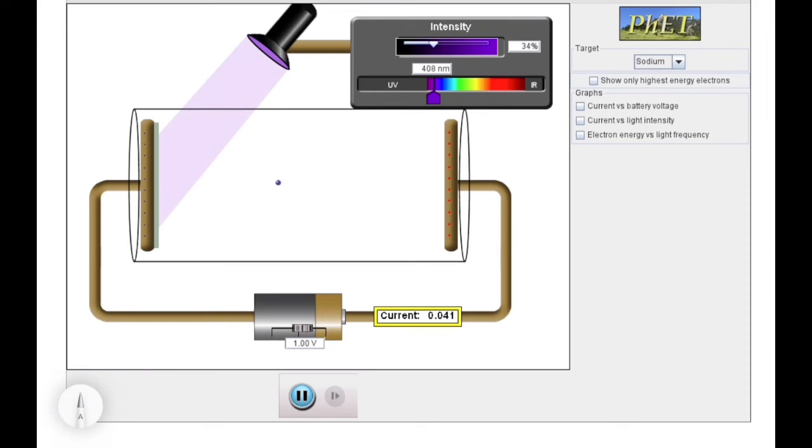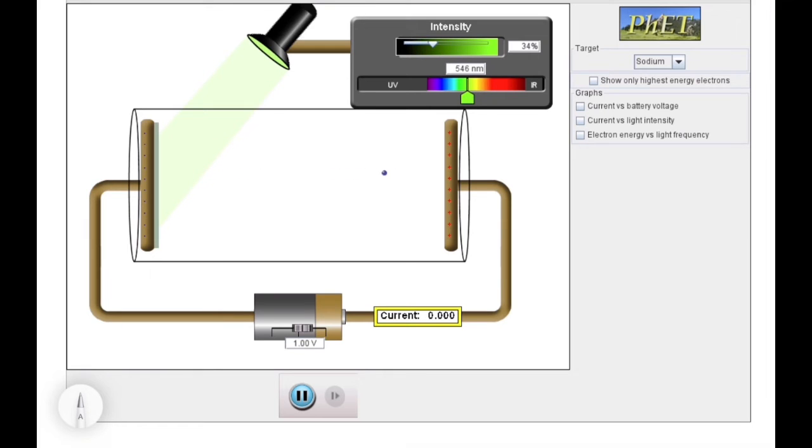If we increase the intensity, the number of electrons ejected becomes higher. Okay. If we change the frequency to a certain level, for example, if we decrease the frequency, there is no electron ejected.